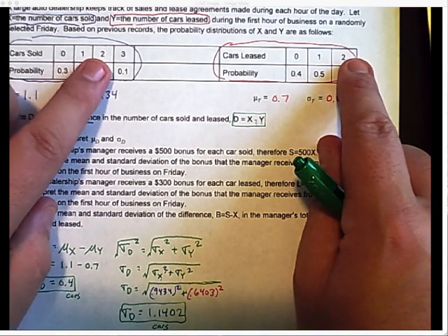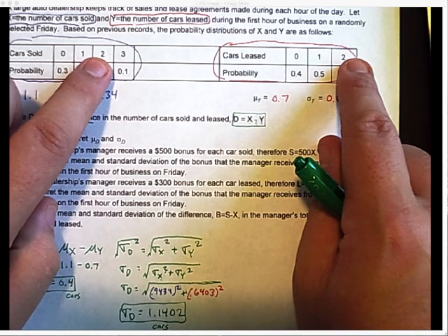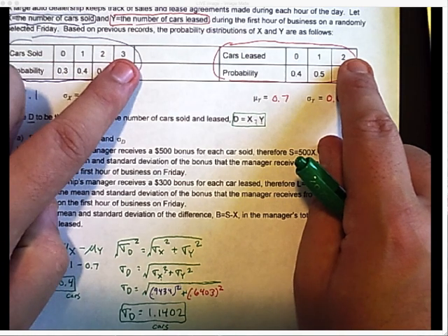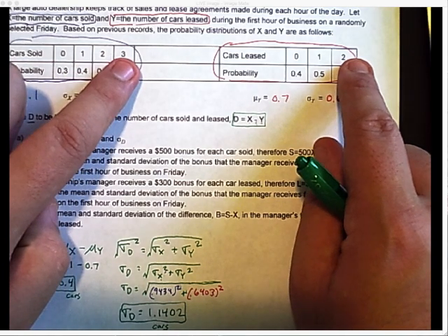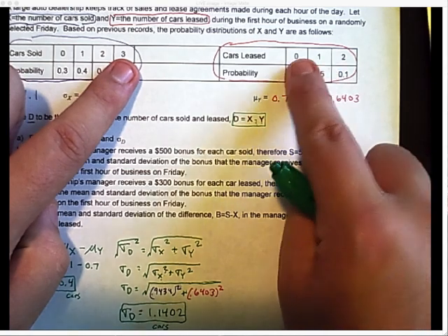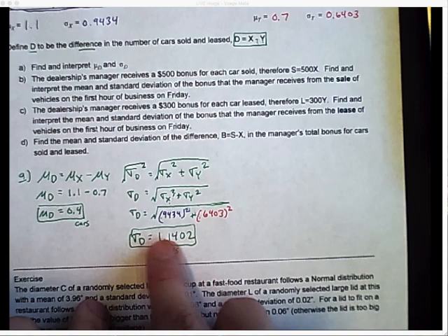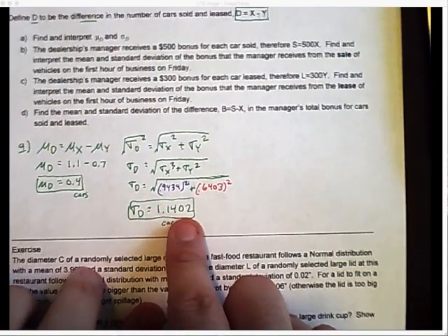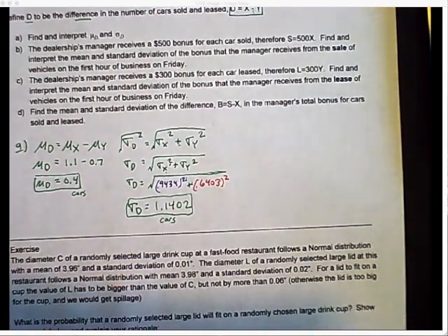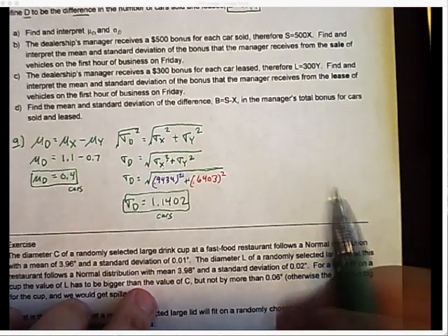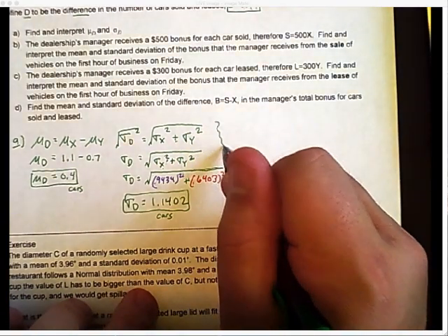If both of them were 2, then the difference would be 0. Sometimes it would be -1. And then you could do it with all 3 numbers. So looking at all the combinations, this is how the difference deviates on average. So that's part A.